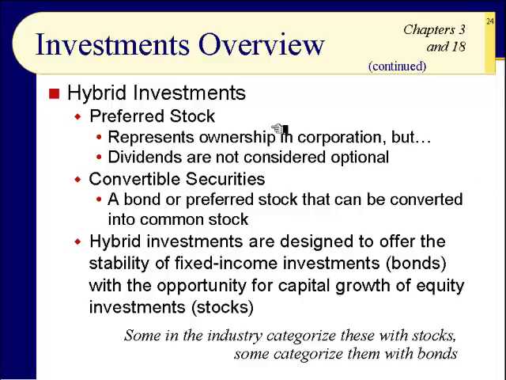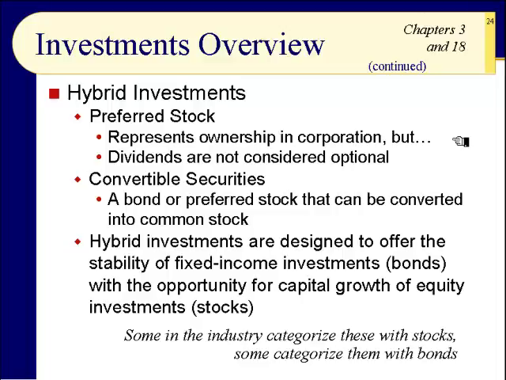There are 2 examples that we'll discuss later on in the semester: preferred stock and convertible securities. Preferred stock. Now, doesn't that sound like something you want preferred as opposed to common stock? Well, it turns out, no, you really don't want preferred stock. There are reasons for that we'll discuss later on. They represent ownership in a corporation, but unlike common stocks, dividends are not considered optional.